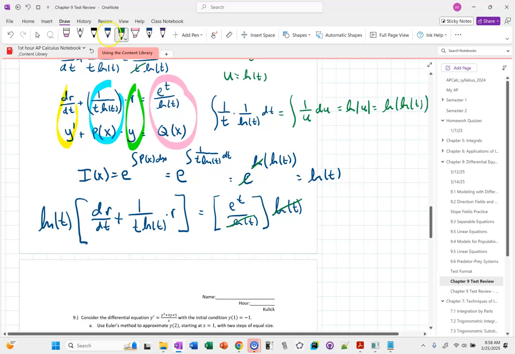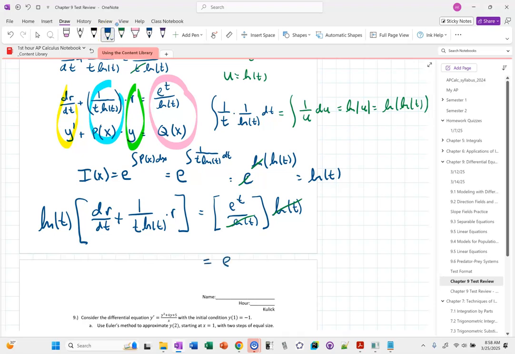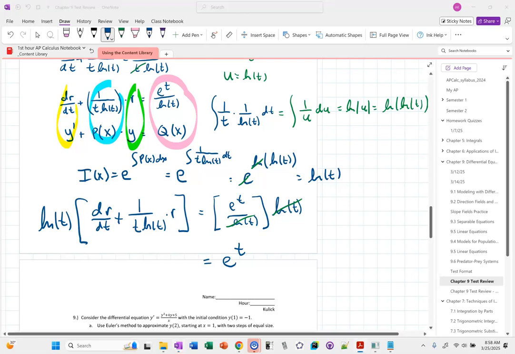Notice over here that that's going to cancel out and just leave me with e to the t. What does the right-hand side give me, though? Who remembers?